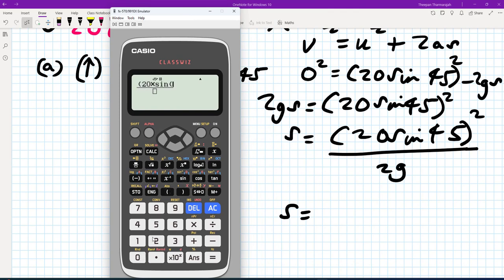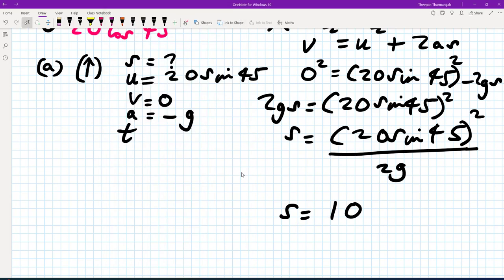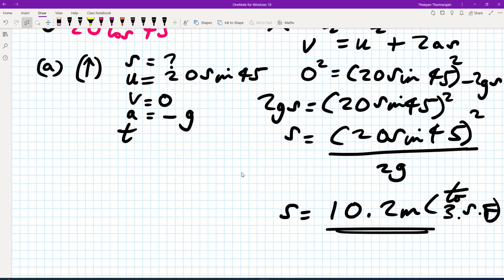So 20 times sine 45 all squared divided by 2 times 9.8. And that's going to give me 10.2 meters to 3SF.